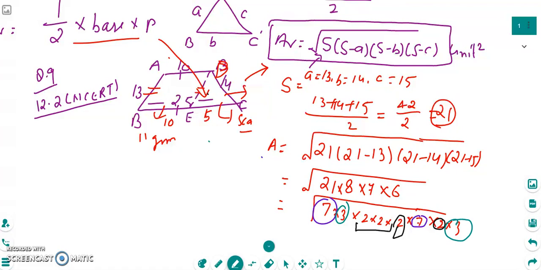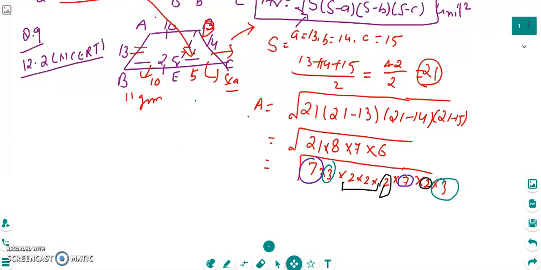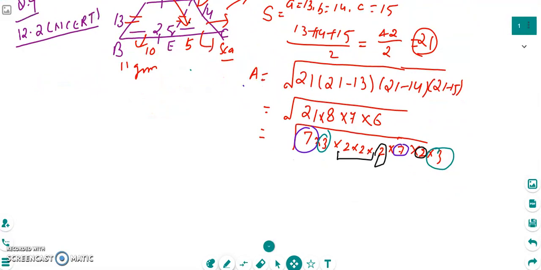So all the numbers are in pairs, so we can easily take them outside, because whenever we take the square root, the factors must be in pairs. So the thing that comes out becomes 7 times 2 times 2 times 3.